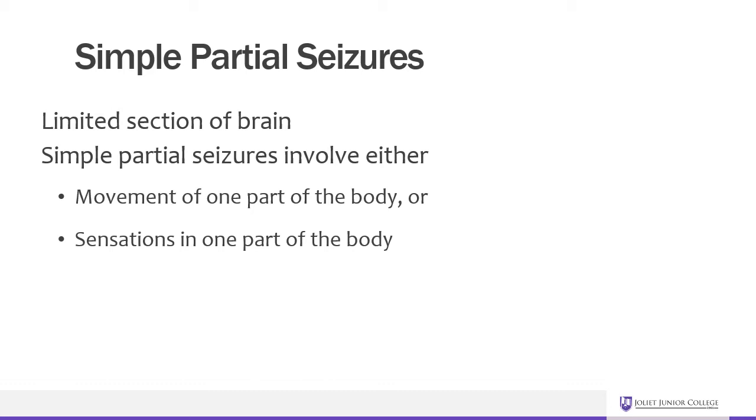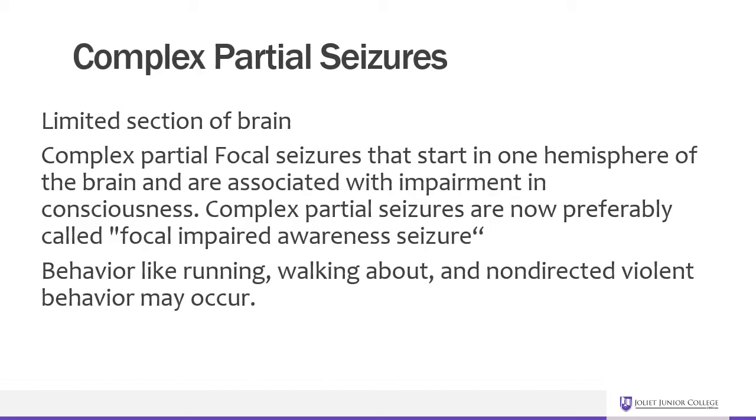Another type of partial seizure is the complex partial seizure. It's limited to one section of the brain, again, usually the temporal lobe, and they're associated with an impairment in consciousness, but the person doesn't go unconscious. They just have an altered level of consciousness. And the complex partial seizure probably isn't a real good name.